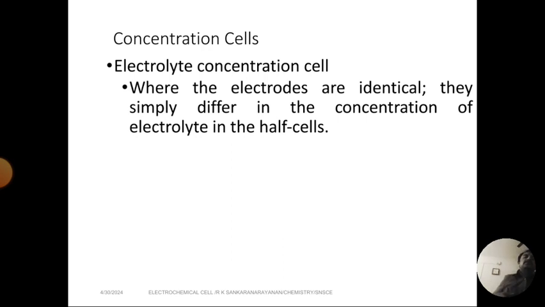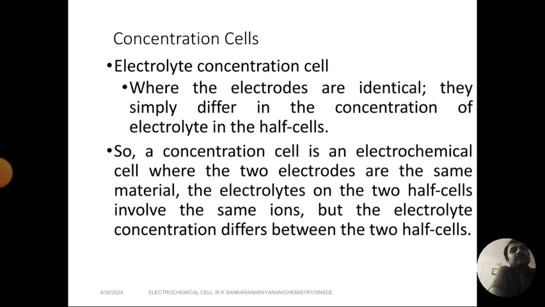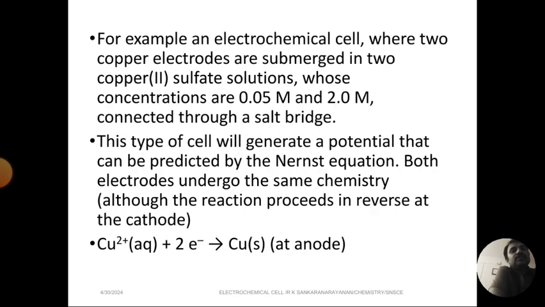In concentration cells, the electrolytic concentration cell, the electrodes are identical; they simply differ in the concentration of the electrolyte in the half cells. So the concentration cell is an electrochemical cell where the two electrodes are the same material. The electrolytes in the two half cells involve the same ions, but the electrolyte concentration is different in the two half cells.